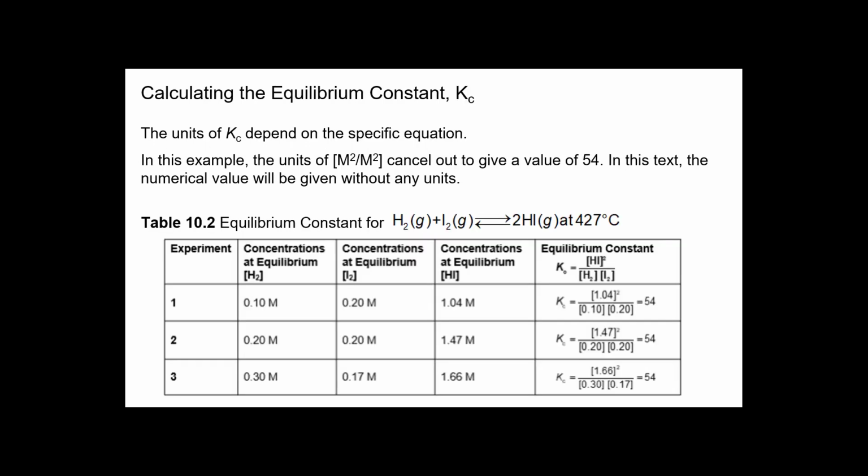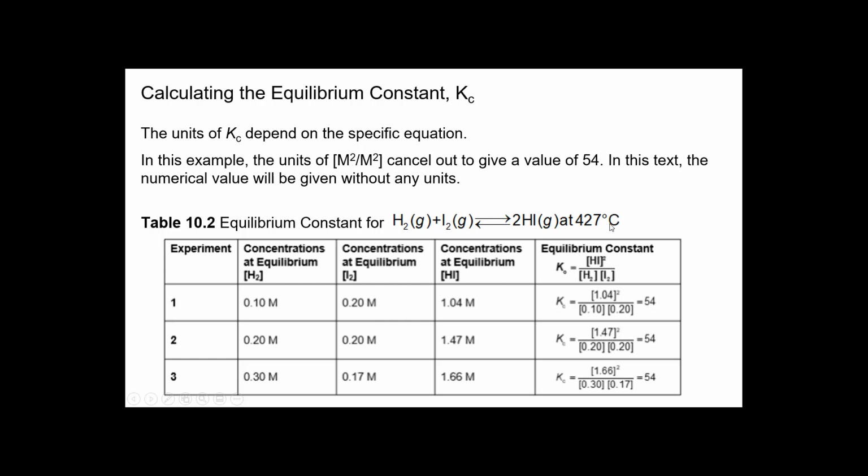Here hydrogen is a reactant, iodine is a reactant, and then we have hydrogen iodide as a product, and then we're given the balanced equation. However, if you notice that these are all at different concentrations, but we're given this at a certain temperature of 427 degrees Celsius.